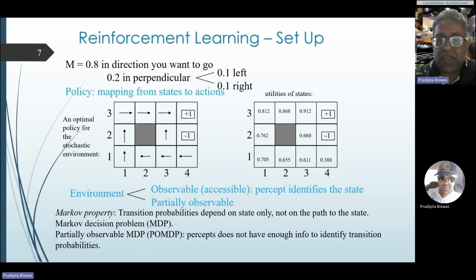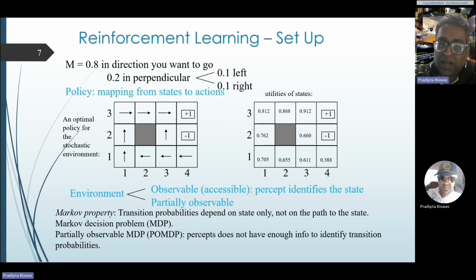So this will be the setup. I took it again from the Russell Norvig book, and you can follow that. This is the same setup we used during our MDP lecture on explaining value and policy iteration. That is a 3x4 grid. There, the +1 is a goal state, which is good. -1 is also a terminal state.